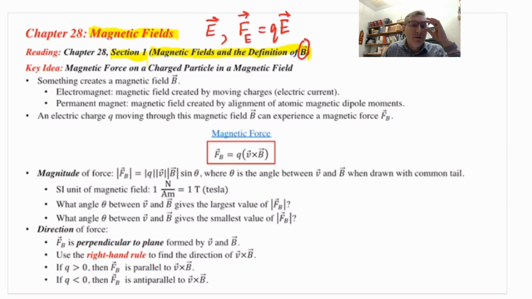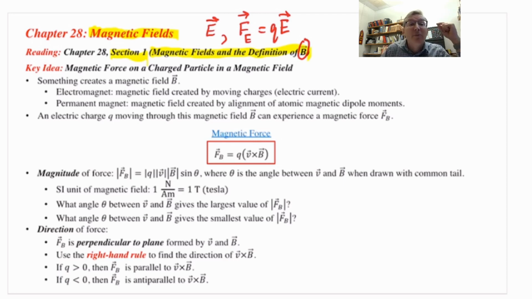So how do we know there's such a thing as magnetic field? We have to be able to see the consequences of it. One of the ways we see consequences of it, we learn by experiment, and a lot of it happened accidentally over the course of history. If you have an electrically charged particle with some charge Q, moving around in the vicinity of something that's creating a magnetic field, you can see that the trajectory gets affected by the field.